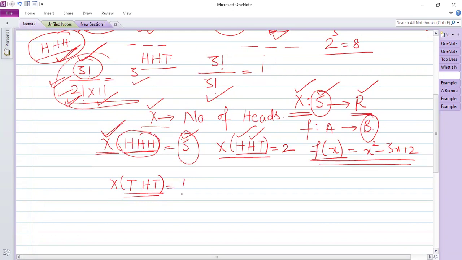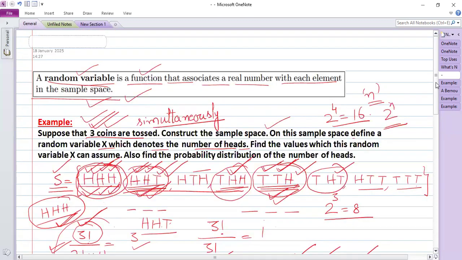So here its value is 1, because there is only one head in this outcome. And x at tail, tail, tail is nothing but 0. So this is our random variable x.